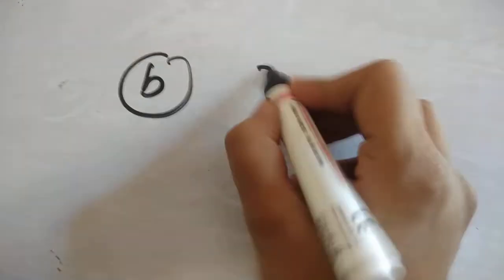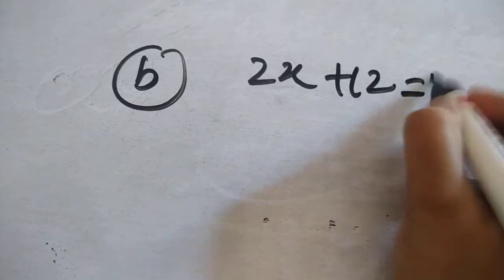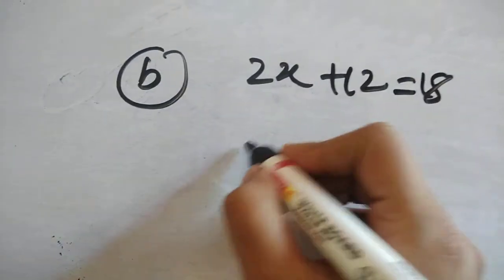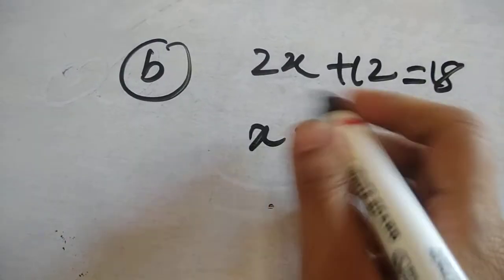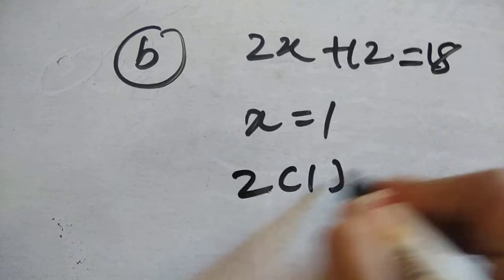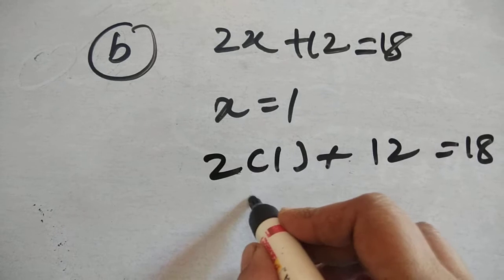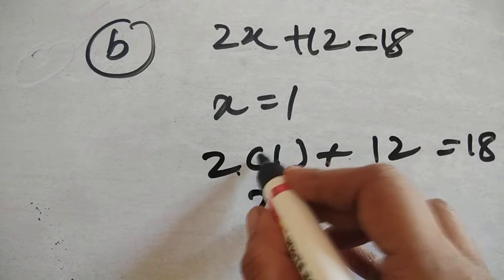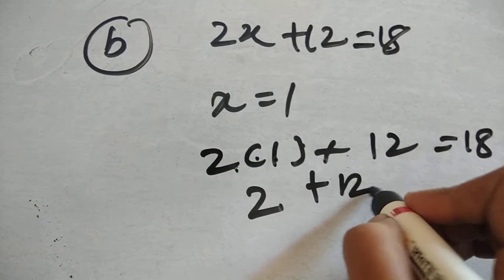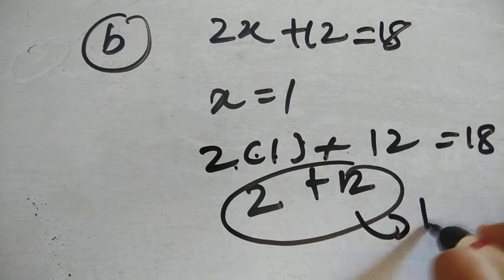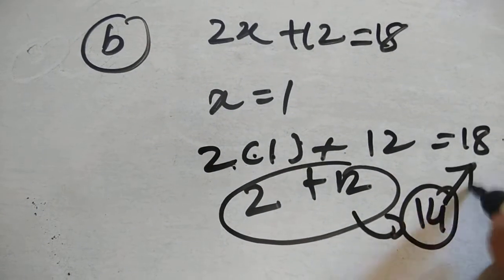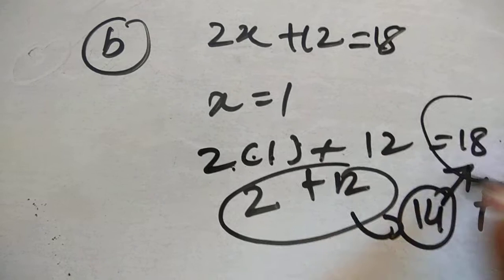Like in the B question, similarly, if x equals 1, we put the value of x, equals 18. Then 2 is multiplied by 1, bracket means multiplication, plus 12, which equals 14, and 14 is not equal to 18. This is not satisfying.